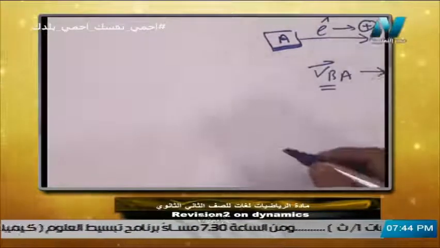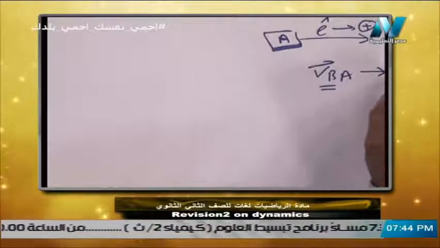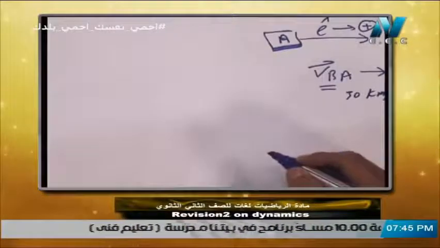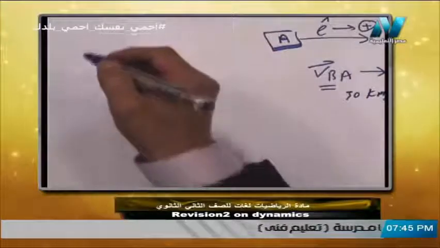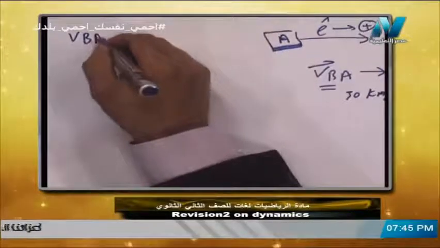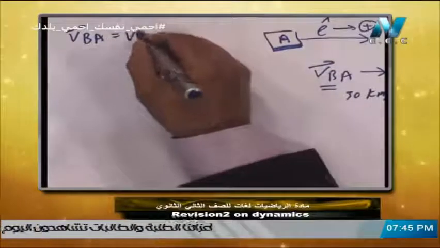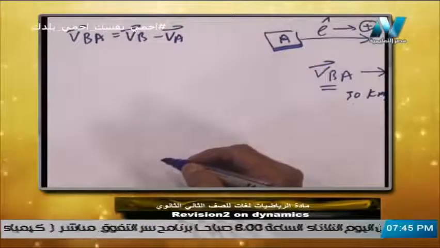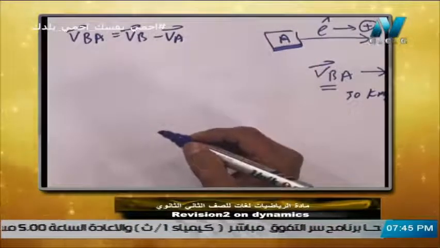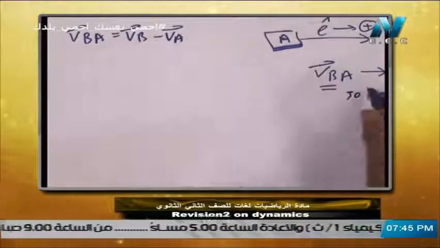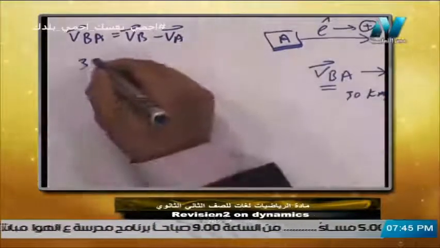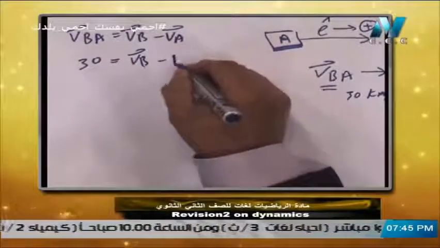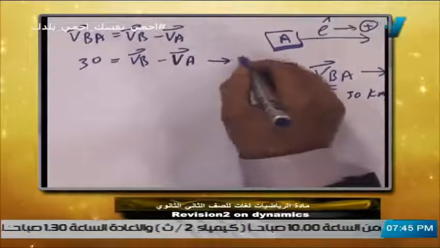In the same direction means positive, positive 30 km/h. So if we apply the rule, VBA equals VB minus VA, that rule for talking about the relative velocity, and VBA here equals 30, so we put 30 here, and VB minus VA itself, and this is equation number 1.